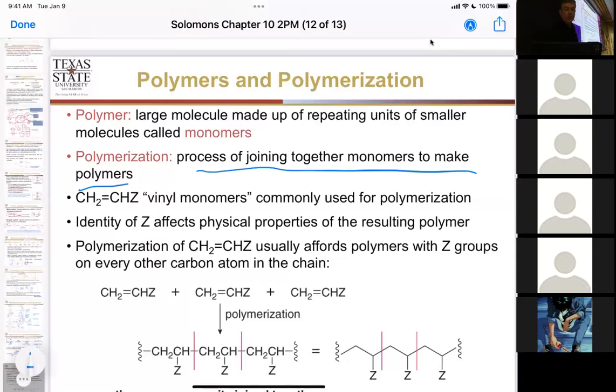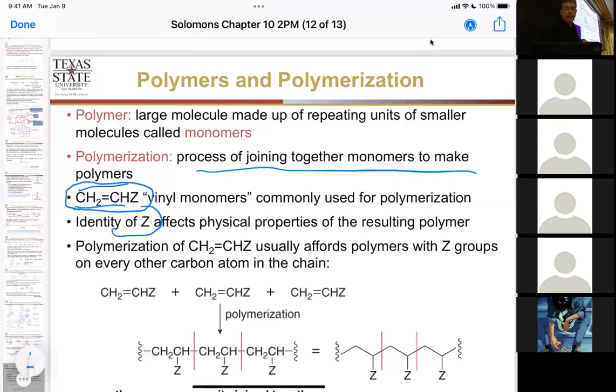So anything with a double bond in it and a group on it, Z. Z can be a lot of different things, and I'm going to show you several different examples. Z is going to tell you that these are vinyl monomers. So if Z was a chlorine, that would be vinyl chloride, or if it was a methyl group, that would be propylene. It'd just be something simple.